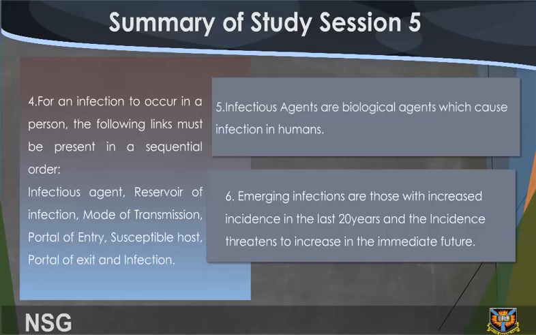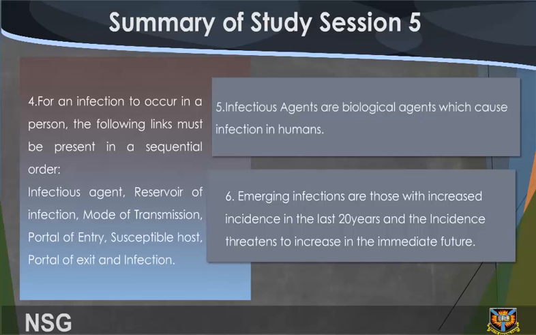Four, for an infection to occur in a person, the following links must be present in sequential order: infectious agent, reservoir of infection, mode of transmission, portal of entry, susceptible host, portal of exit, and infection.